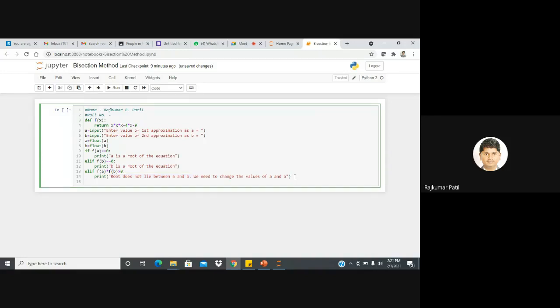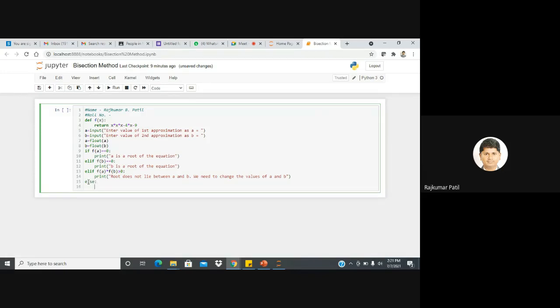Now suppose all three conditions that you can see between lines 9 and 14 are false. Then what is true? The product of f of a and f of b will be less than 0. That condition will be true. That will be the default case.